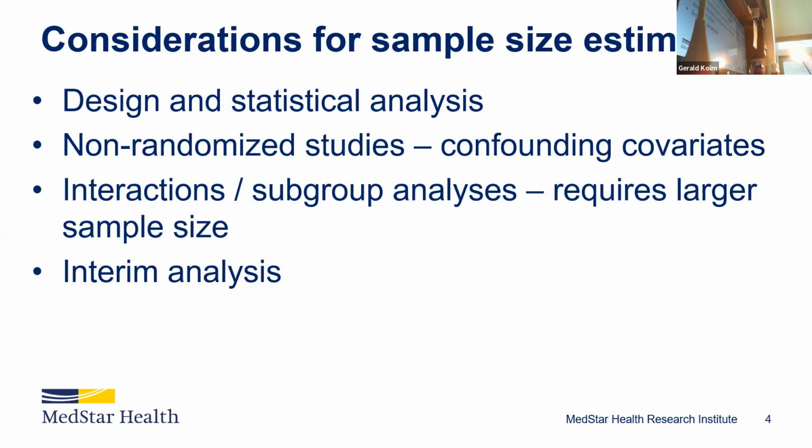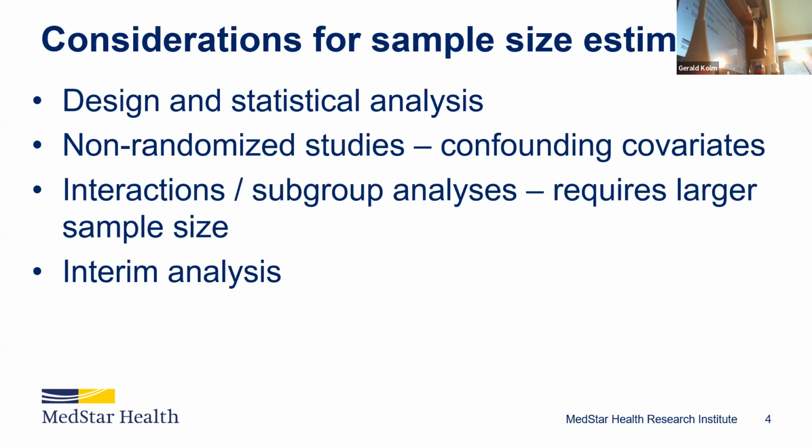If you want to look at interactions or subgroup analyses, then those are going to require a larger sample size. And the thing is that most studies that are published, even though they might do subgroup analyses or say something about interactions, have not really powered their study to look at those. So even though they present results and even p-values with subgroup analyses, they're all, for the most part, underpowered.